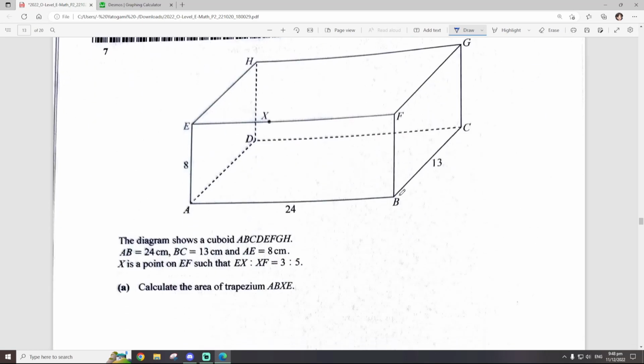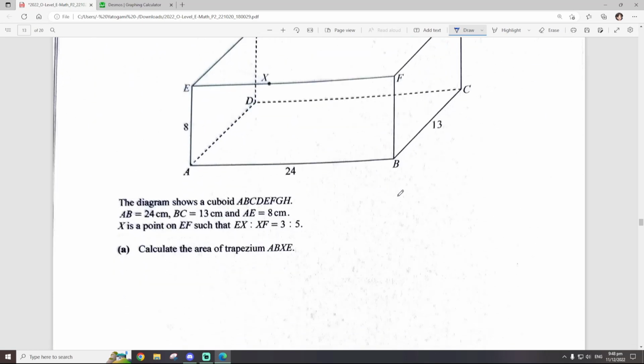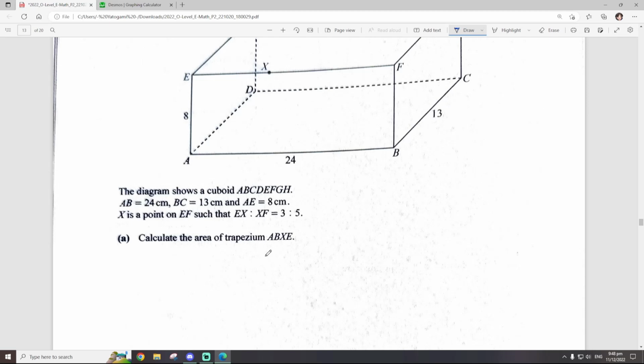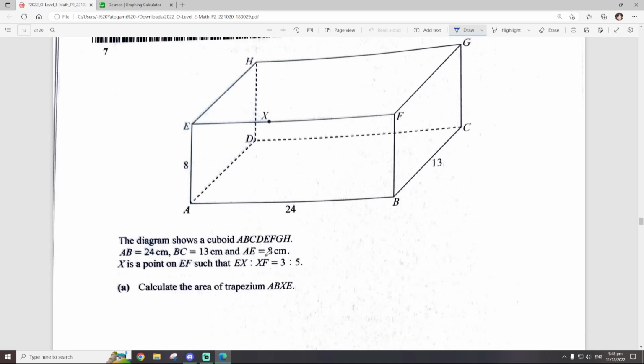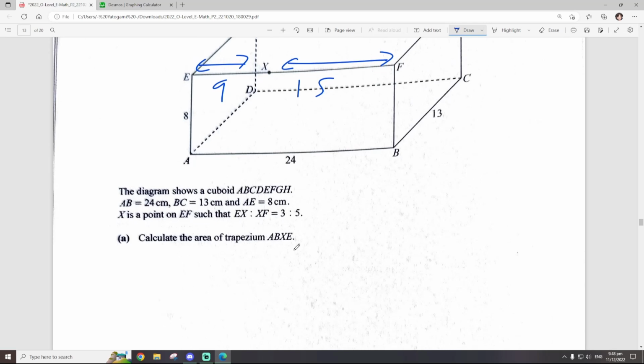Question 7. The diagram shows this cuboid. AB is 24, BC is 13, and AE is 8. X is a point on EF such that EX to XF is 3:5. So you can actually figure out what these lengths are. 3 plus 5 is 8, and 24 is divisible by 8. So in fact, you can find that this is 9 and 15. Alright, so we'll get to that later.